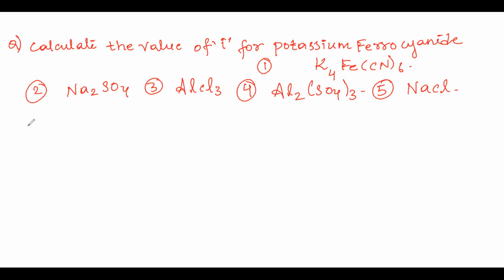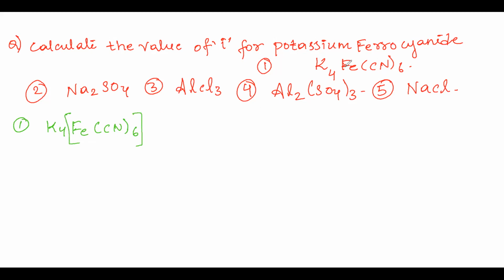First one, K4Fe(CN)6, I am solving it here. Just see it, very, very important. This is a complex compound, and for Fe(CN)6 the big bracket will come because it is a complex compound.